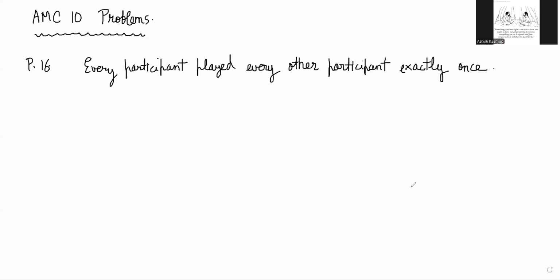Although there were twice as many right-handed players as left-handed players, the number of games won by left-handed players was 40% more than the number of games won by right-handed players.